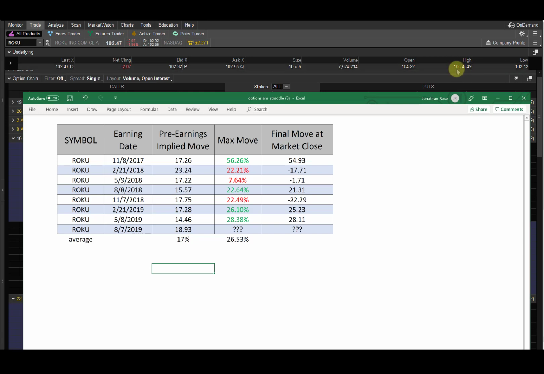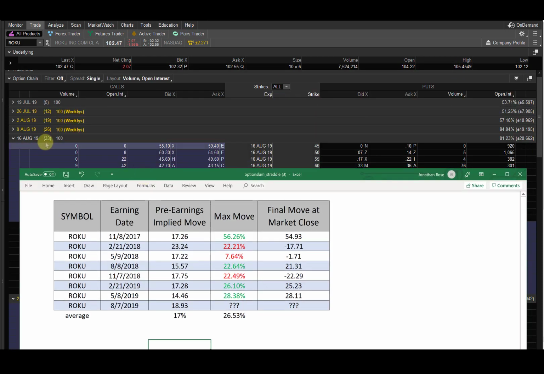So let's say it moves 2% a day or 1% a day. Well, that means that for 32 days, not counting the earnings days, it's moving 2% per day. So what does it move in those 32 days? 10% maybe? 8%? Let's call it 5%, and let's say the earnings should be about 20% expected movement.